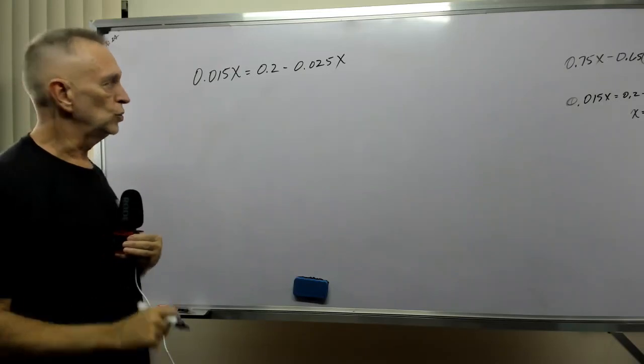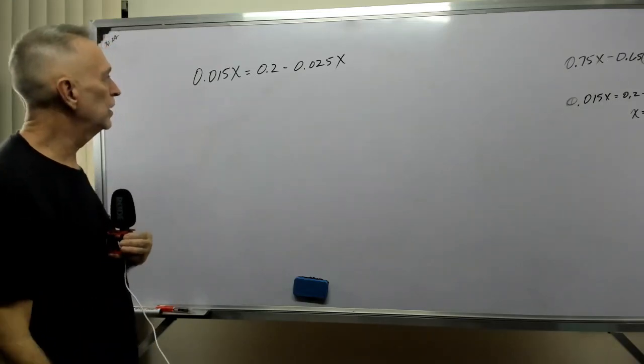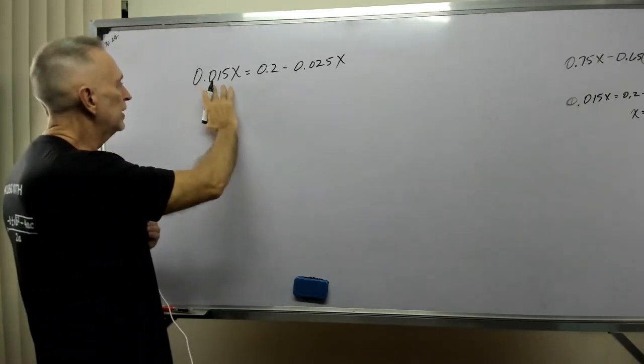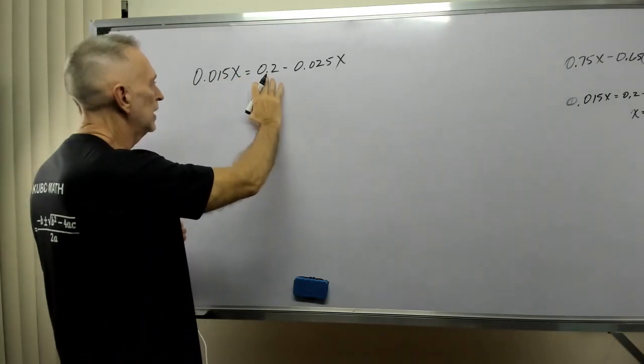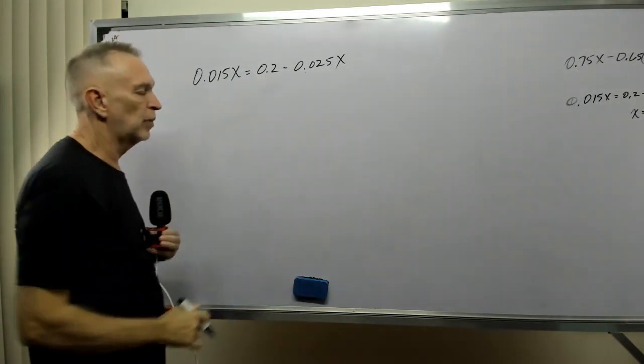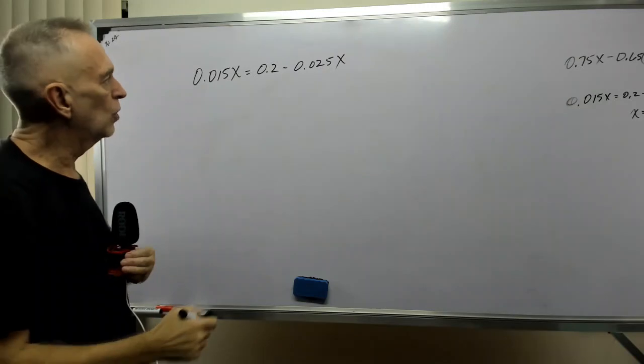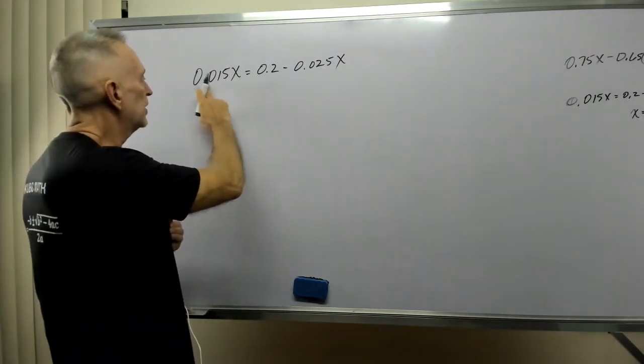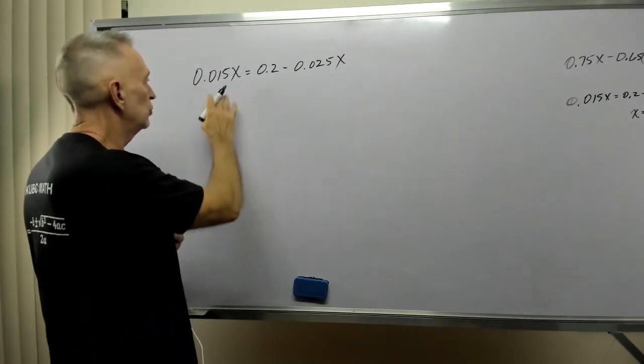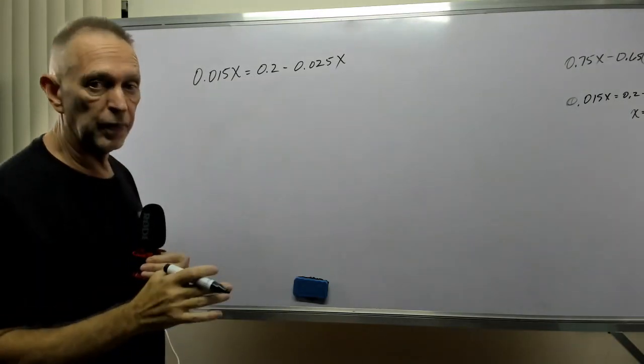What should I do? Well, I have 3 decimal points here, 1 decimal point there, 3 decimal points here. So I need to move the worst case one is the number I choose. So I'm going to multiply this by 1,000.